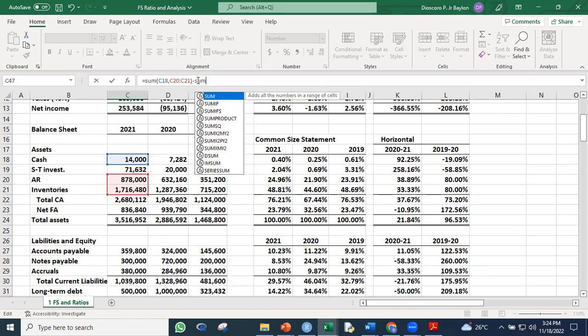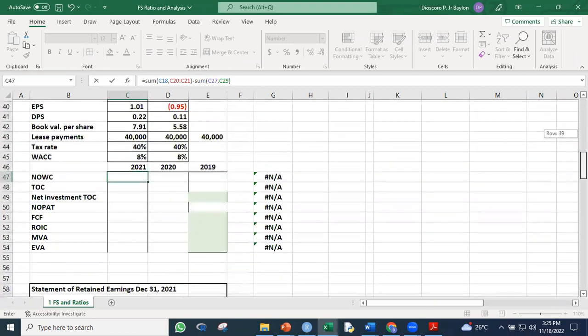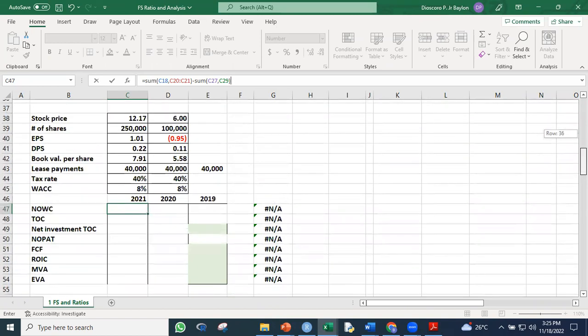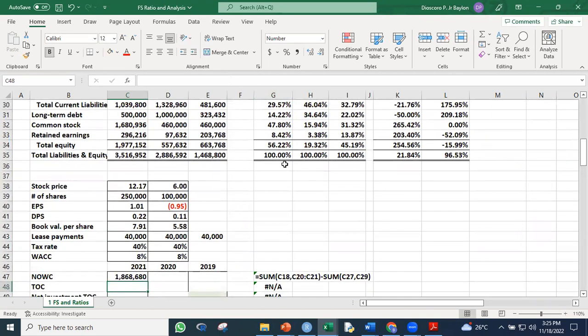And then i-subtract natin yung sa current liabilities, accounts payable, not including notes payable, but including accruals. So the sum of these three minus the sum of your accounts payable and accruals. And what are we looking for? We're looking for net operating working capital, just the difference between your operating current assets and operating current liabilities.